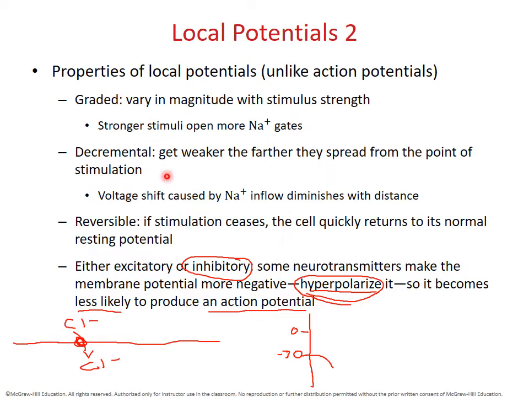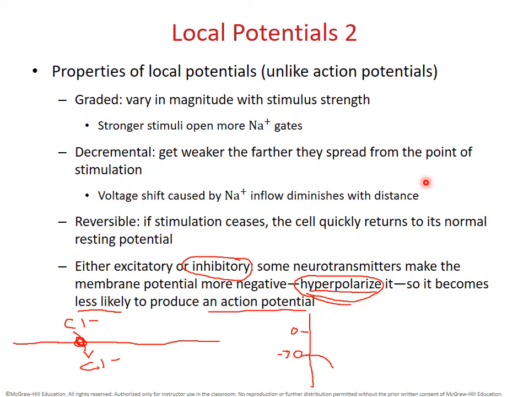Now again, this should sound somewhat familiar because we've already talked about postsynaptic potentials back in the muscle system. Remember, the synapse between an axon terminal and a skeletal muscle cell was called a neuromuscular junction. And we said that when acetylcholine diffuses across the synaptic cleft and binds to the acetylcholine receptors in the motor end plate, that caused a graded potential in the motor end plate, and we call that a motor end plate potential.